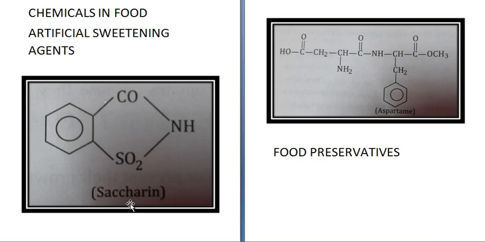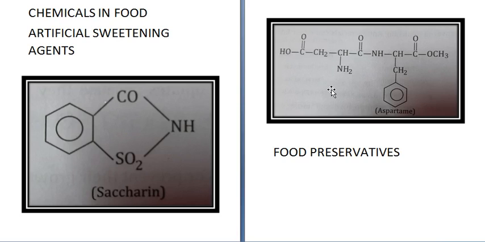Orthosulfobenzimide is 550 times as sweet as cane sugar. It is inert, harmless and an alternative substitute for diabetic patients. It is excreted from the body in urine unchanged. Then next is aspartame. Aspartame is 100 times as sweet as cane sugar.